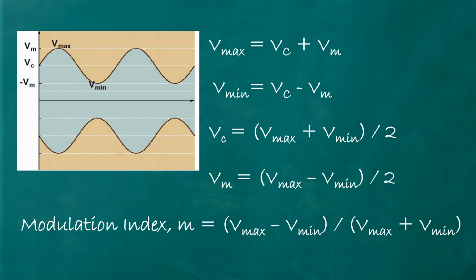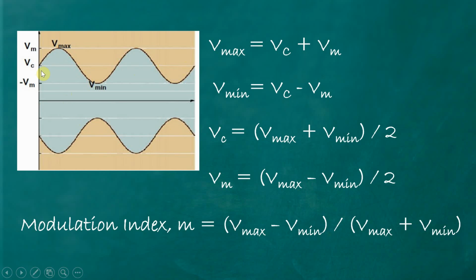So the modulated signal. You can see here the modulated signal, and this dark line indicates the envelope. This upper dark line indicates the positive envelope, and similarly this bottom dark line in the form of a sine wave indicates the negative envelope. In this figure, Vc is the peak amplitude of carrier.